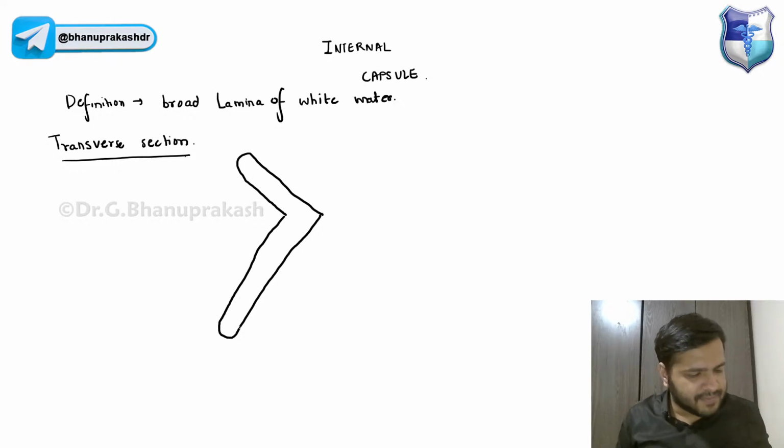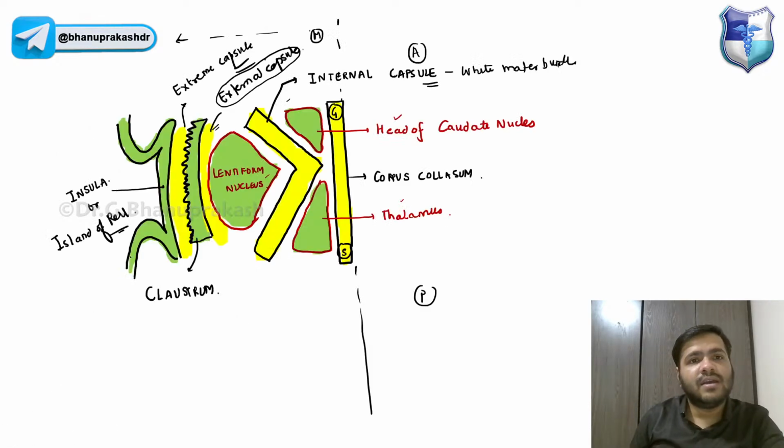Now this internal capsule, as you have just seen, laterally what is present? Lentiform nucleus. And medially what is present? Caudate and thalamus.